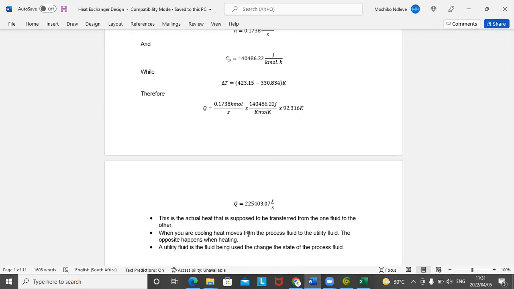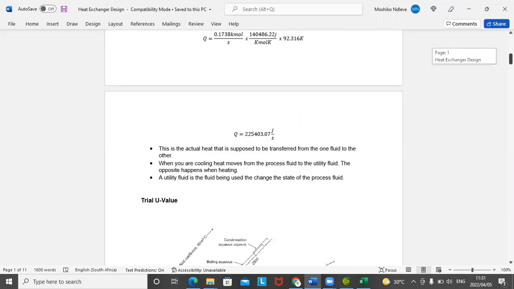It's always, when you're cooling, from the processed fluid to the utility fluid, and the opposite happens when you're heating, right? And a utility fluid is the fluid that is used to change the state of a processed fluid. So for example, if you want to heat something up, you'll get a stream that is hotter than that stream. That stream is called the utility, right?